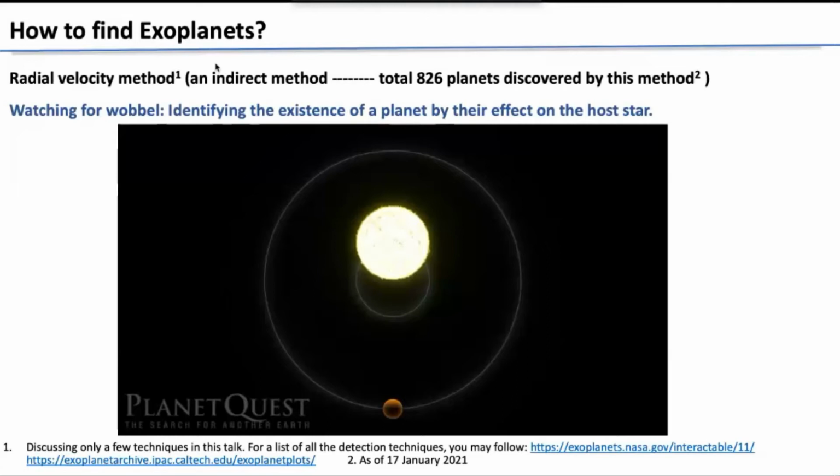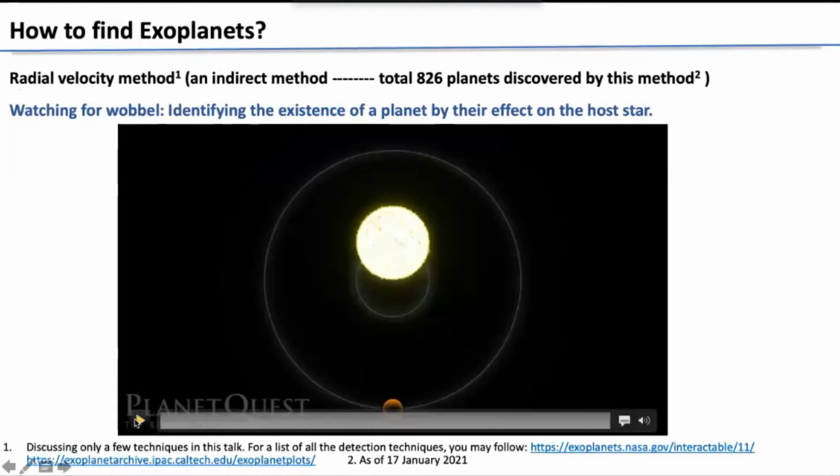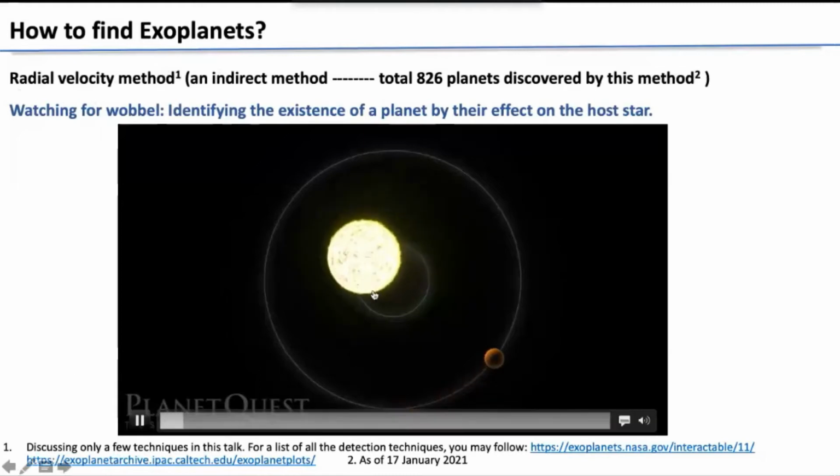So with the indirect way of finding an exoplanet, you may figure it out just from the name: you don't see a planet, but you infer its existence around the star by studying the star itself. One such technique is called the radial velocity method, and this basically looks for the wobble of the star.